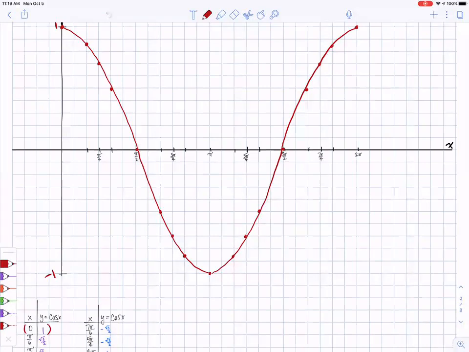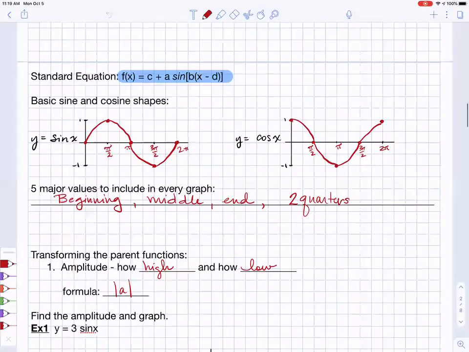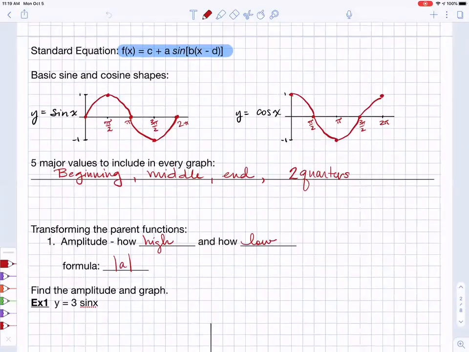Okay, the good news is now that you've plotted points for these two, you'll never have to do that again. All those points we had to plot in the videos, you don't have to do that again. That's the only time, just to establish what it looks like the very first time. No more plotting points. That's boring. All right, so the one thing I would like to point out is the 2 graphs here of the basic parents.